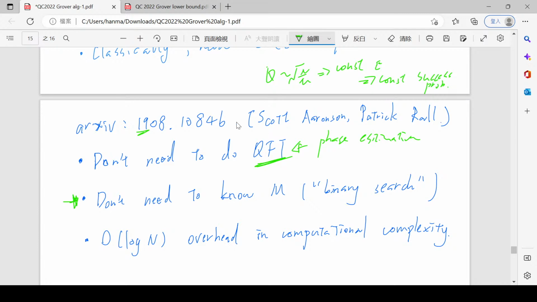Okay? And so they are able to show that you can do quantum counting mainly using Grover iterations and smarter classical post-processing.